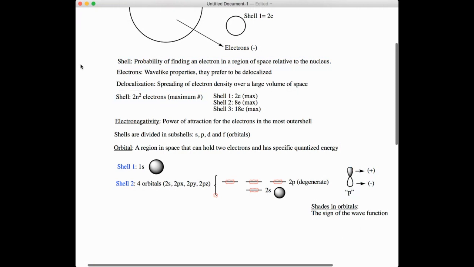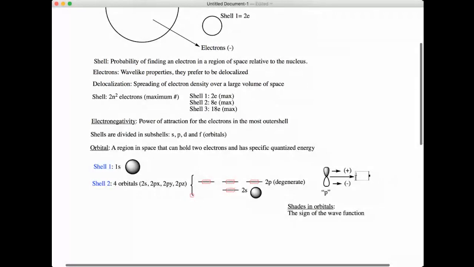Now, what is the electron density right here? Anybody know? What would be the electron density right here at the point where both lobes are together? The electron density there is going to be 0.